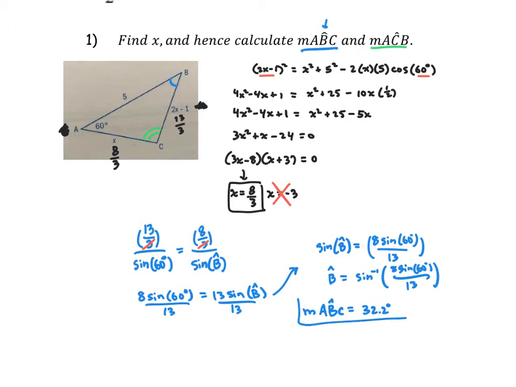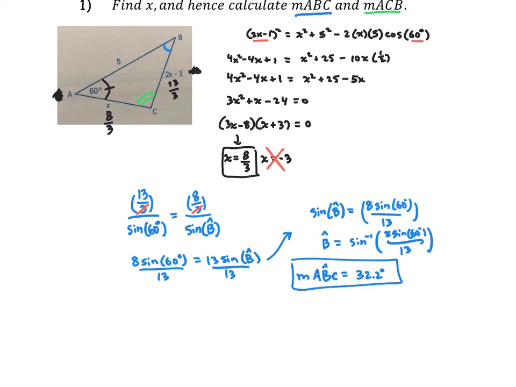Okay, so I got measure of ABC, and I have the measure of BAC, right? So the 3 angles themselves have to add to 180. Therefore, the measure of angle ACB will equal 180 degrees minus 60 plus 32.2.